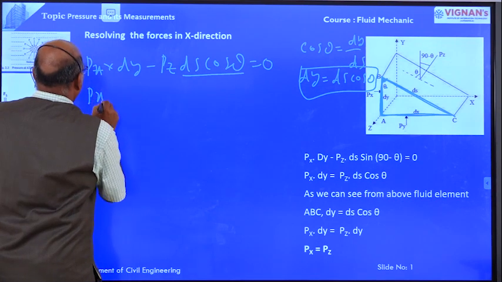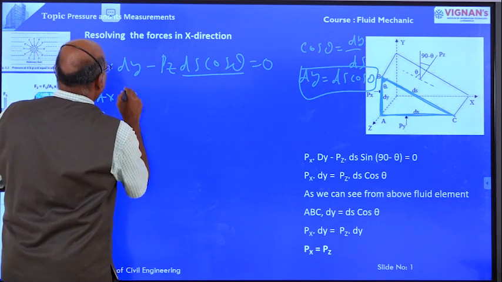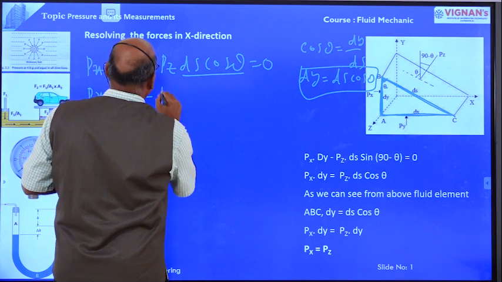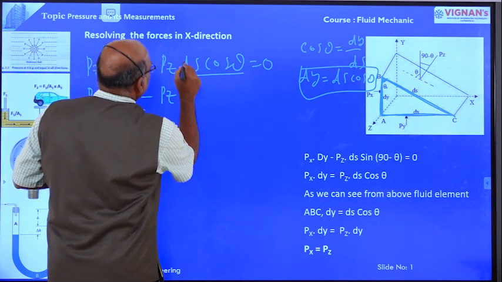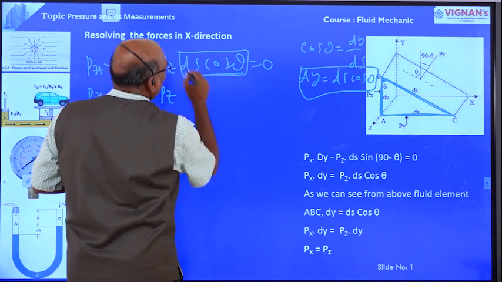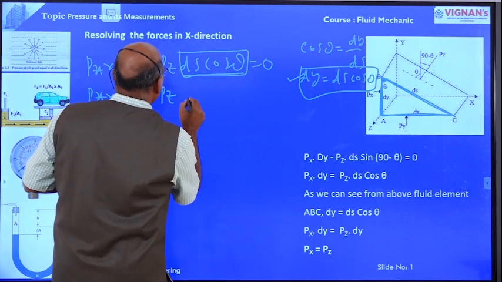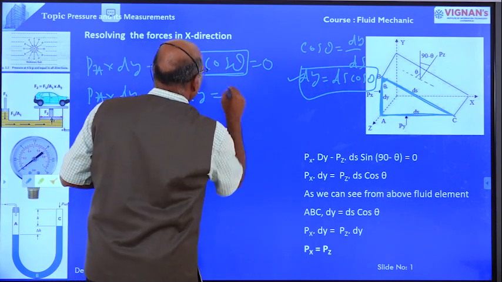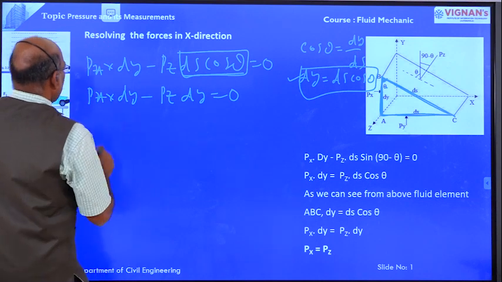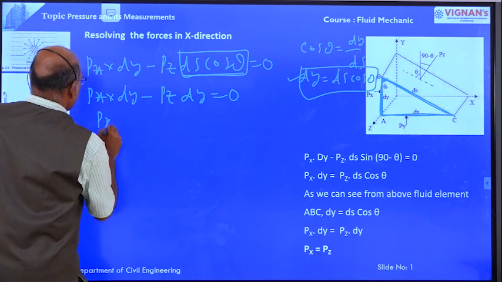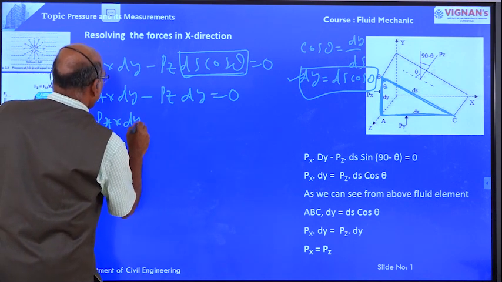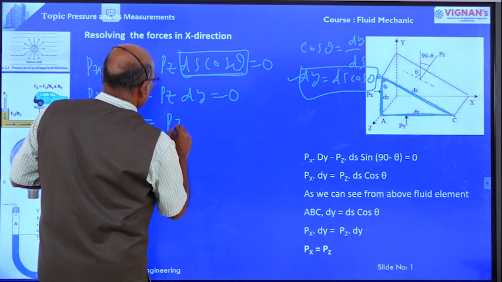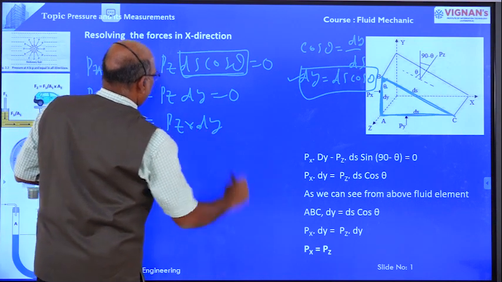Therefore Px into dy minus Pz, in place of ds cos theta we are going to take dy, is equal to 0. Then Px into dy is equal to Pz into dy.